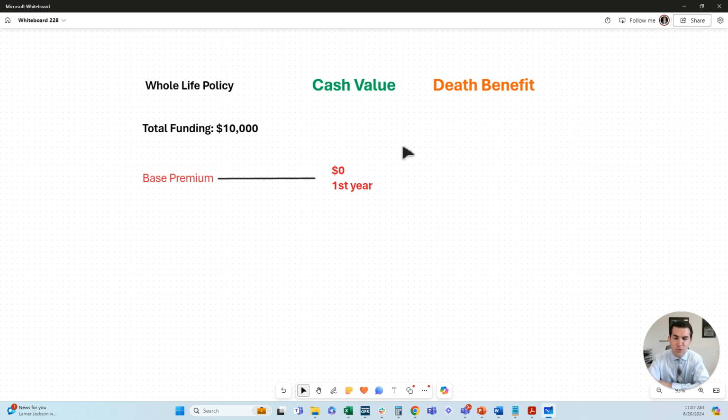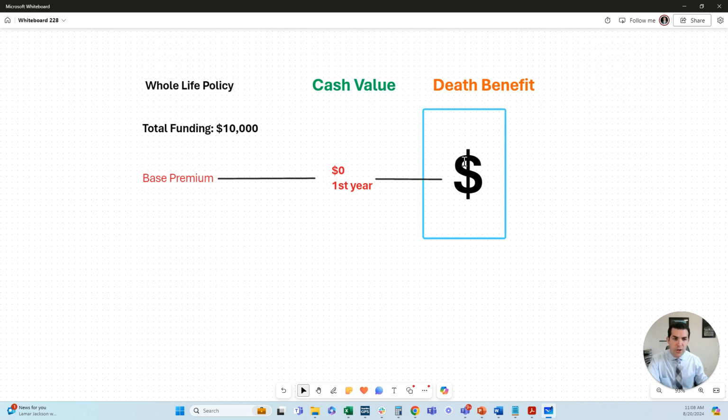Depends on the type of product, but with a traditional whole life insurance policy, which is the most common type of whole life insurance product that's sold, I usually don't see any in the first year. The reason why is because that premium buys you a big death benefit. So if I paid 10 grand into the premium, I have zero in cash value, but I might have $1 million death benefit.